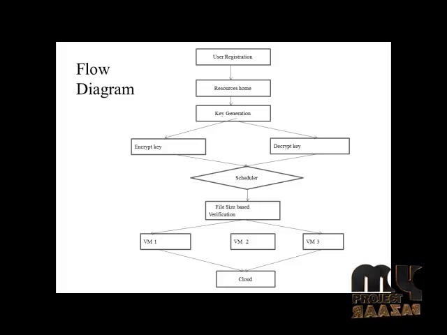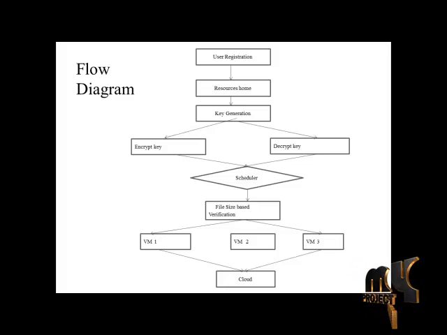Again, the key generation is automatically processed. The key code based cryptographic mechanism is processed. Here the data is securely stored on the cloud for certain users based on file size. Again, the scheduler is allocating storage space for storing users' data on the cloud.